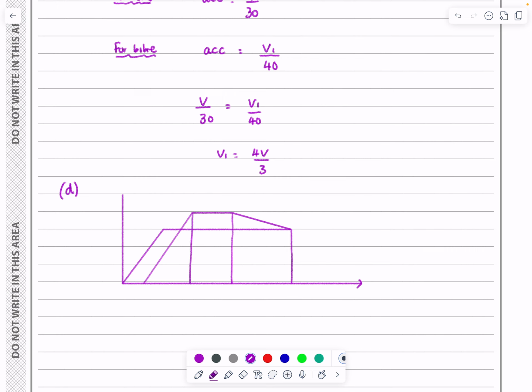We've got that that's V, we've got that that's 4V over 3, we've got that that's 10 there, that's obviously 0 there. What else did we have? We had that this was 50 at this point here, 60 at this point here, and this was T here.